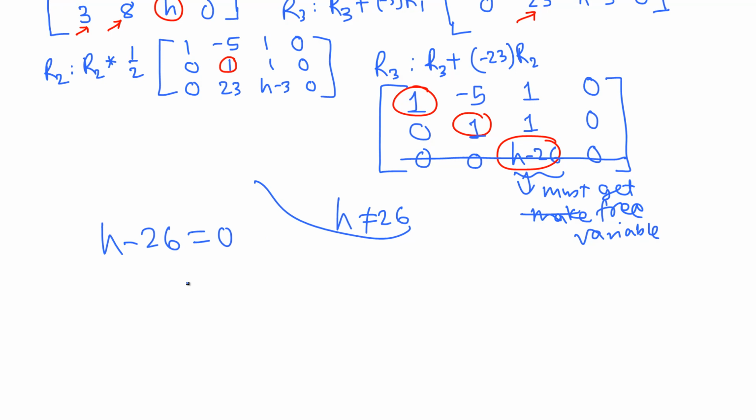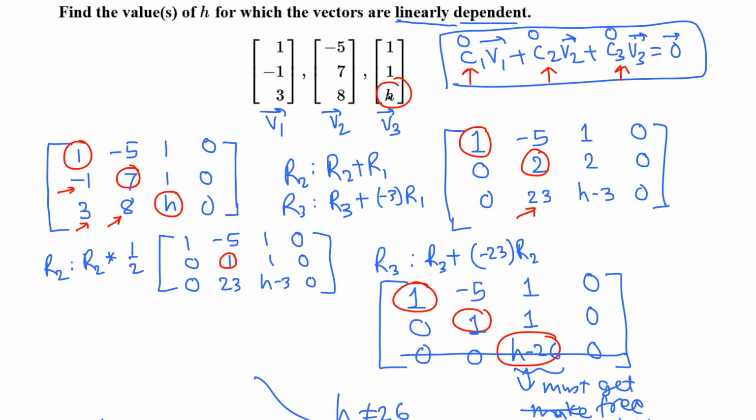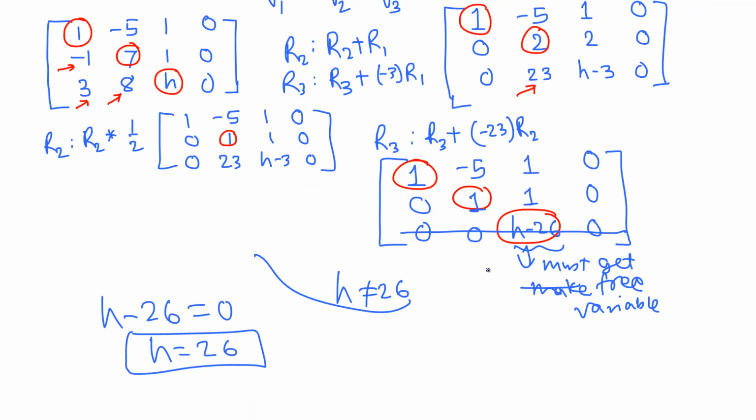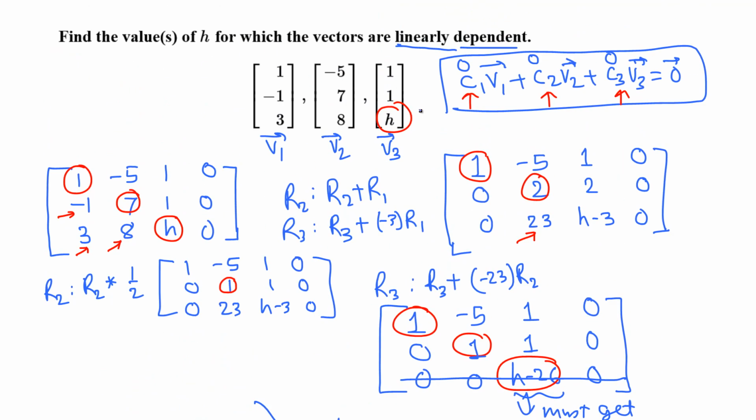To get a free variable, h must be 26. So in this question, if we take h equals 26, we'll have a free variable. That means infinitely many solutions, which means these vectors are linearly dependent.